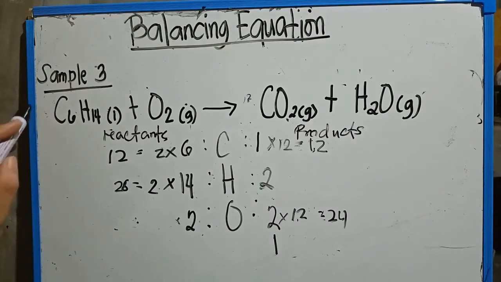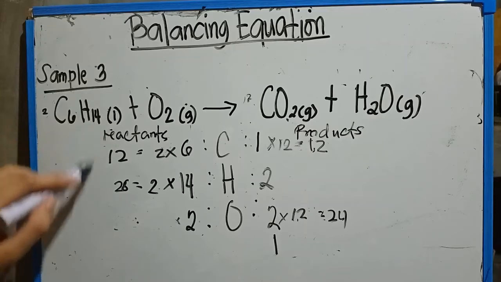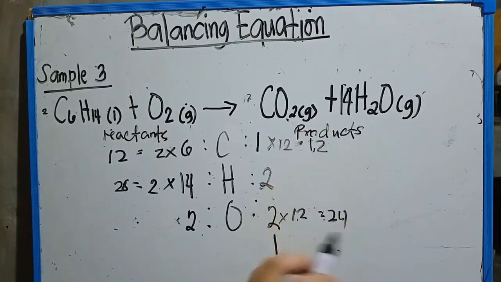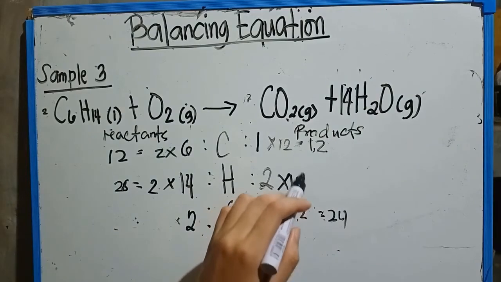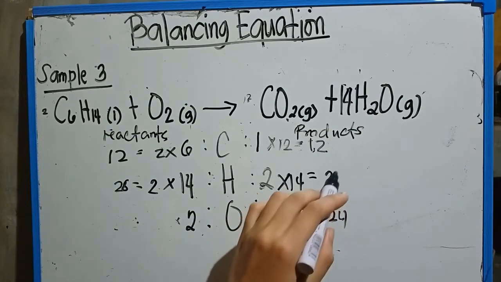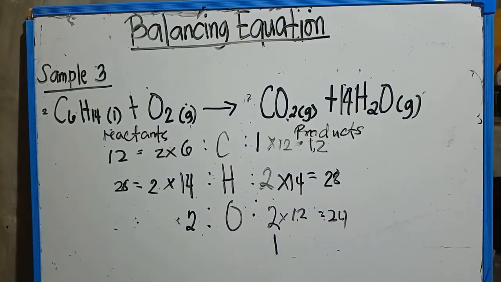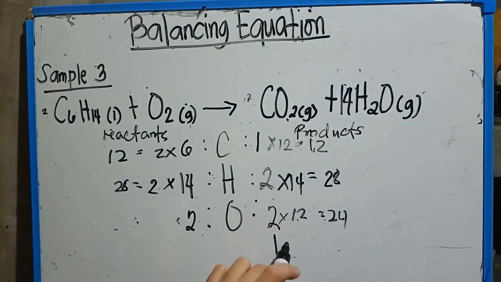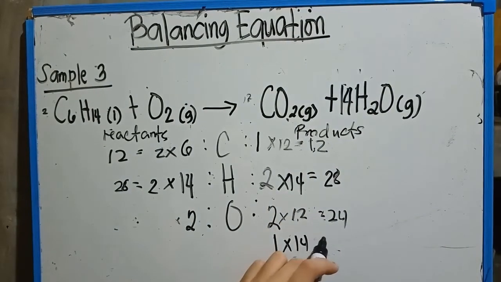So, kay kung 2 man diri, so 2 times 14, 28. So, use 14. So, 2 times 14 becomes 28. So, na-balance na. Karon, 14 times 1.